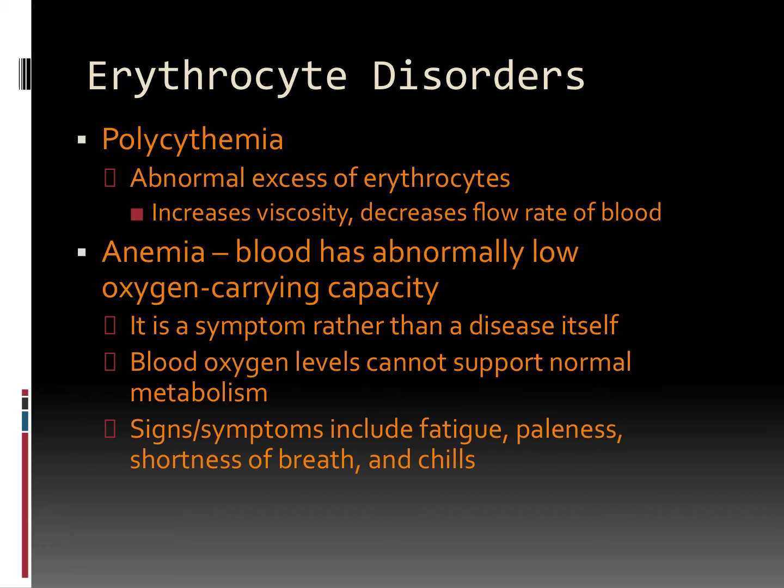So if you think there's way too many red blood cells in the blood, think about what that would do. It would increase the viscosity because there's more stuff in the blood. And it also decreases the flow rate of blood. It clumps very quickly.